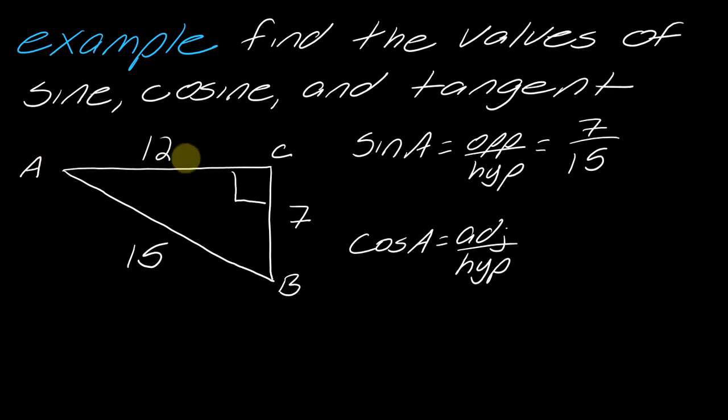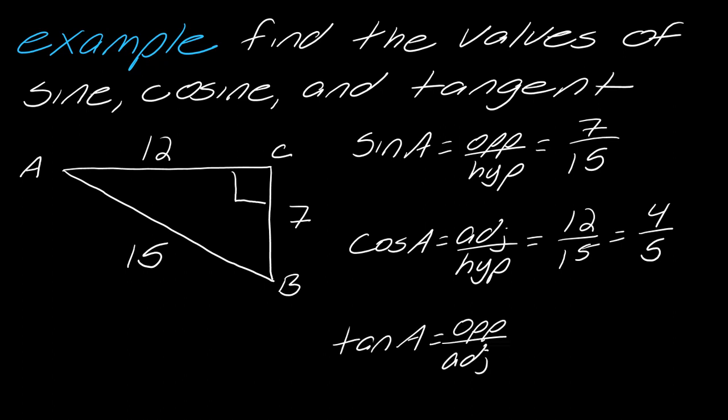So here's A. Here's the side that's adjacent. Here's the hypotenuse. This is going to be 12 over 15, which we can reduce to 4 over 5. And then tangent, opposite over adjacent. So opposite side over adjacent side, so 7 over 12. And so there you go. It's pretty straightforward because a lot of times this information is given to you as well. You don't always have to go through and work to find the hypotenuse.